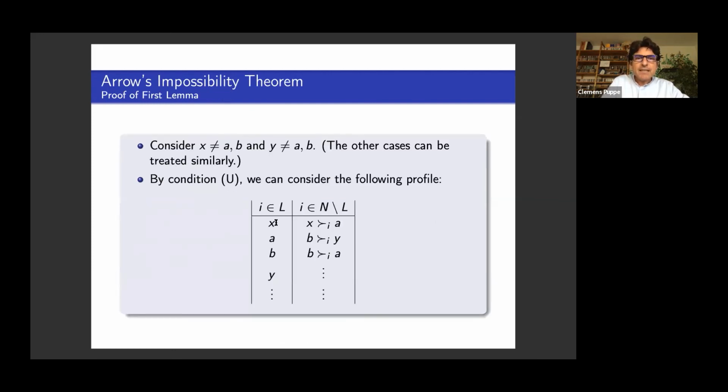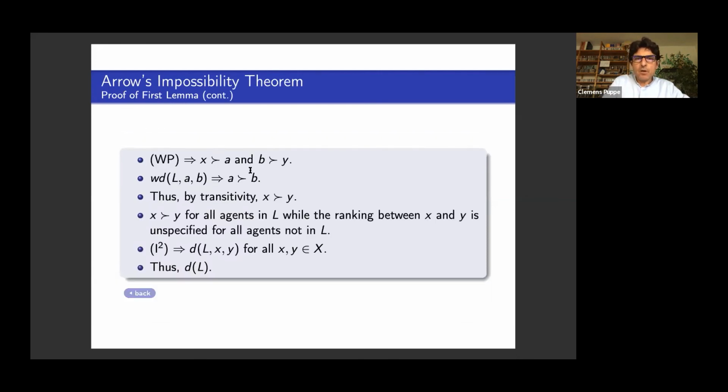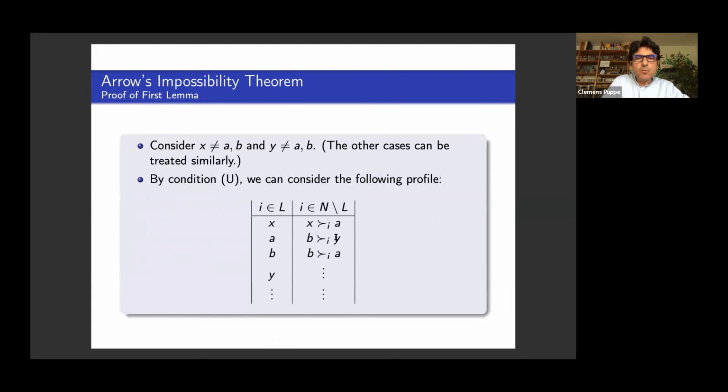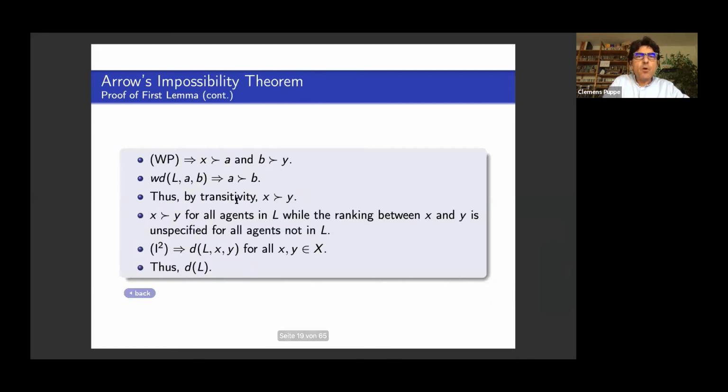But notice that all individuals prefer X to A, and B to Y. So all people here prefer X to A and B to Y. So we know by the weak Pareto condition, X must be preferred by the group to A, B must be preferred by the group to Y, and we also have A is preferred to B by this weak decisiveness.